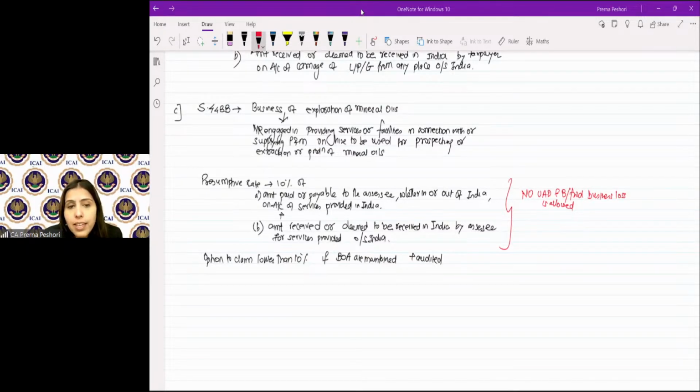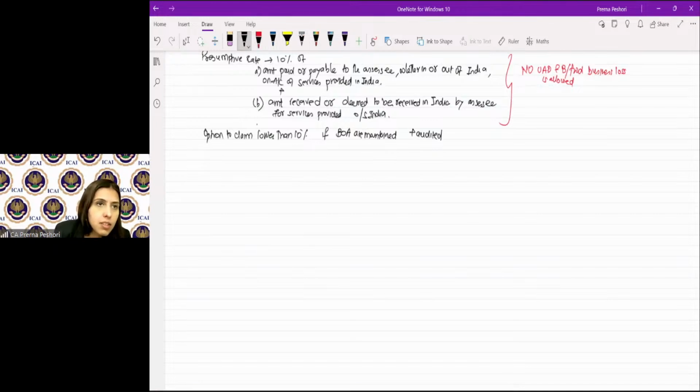Then the next one and the last one in terms of the presumptive taxation is 44BBB, which is in respect of foreign companies engaged in civil construction for the turnkey power projects.